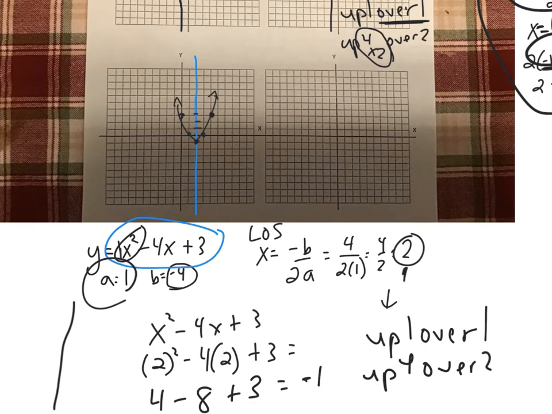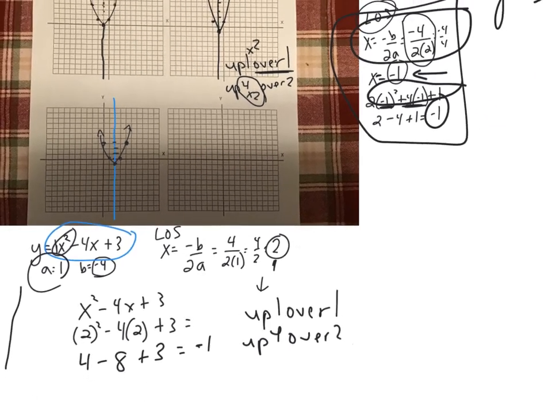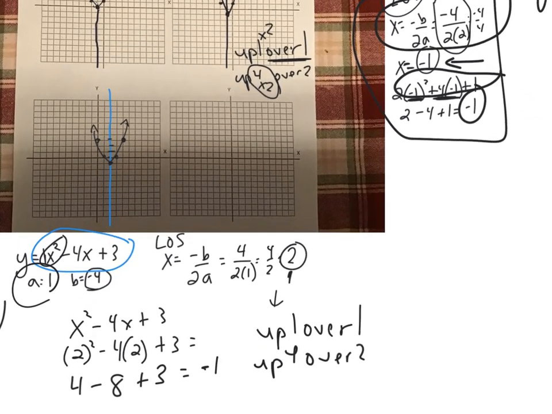All right, let's do one more. Let's make one go down this time. So let's say I got y equals negative 2x squared plus 8x minus 3.